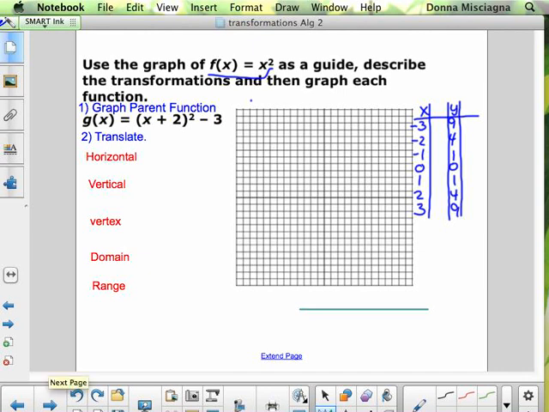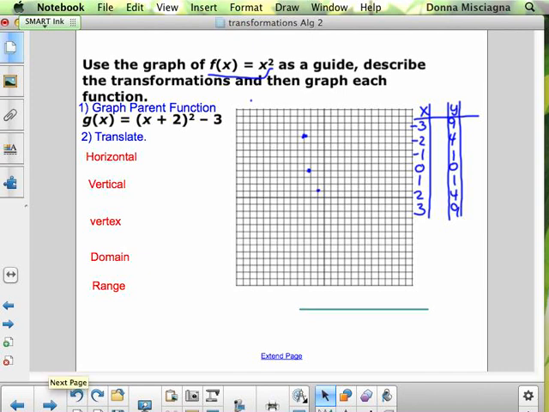So negative 3, 9, and negative 2, 4, and negative 1, 1, and 0. Wait, we've gotten offline here.